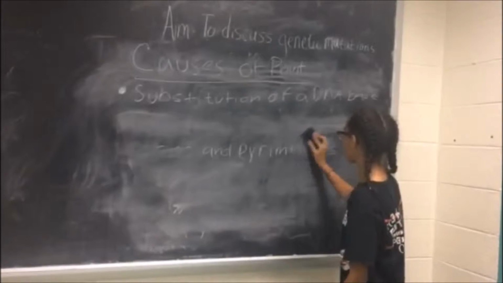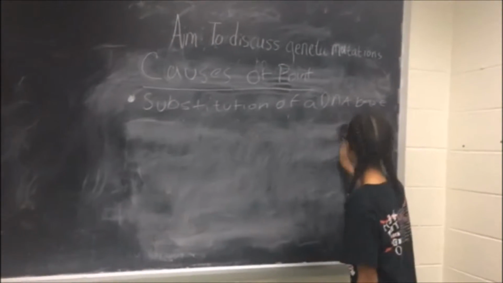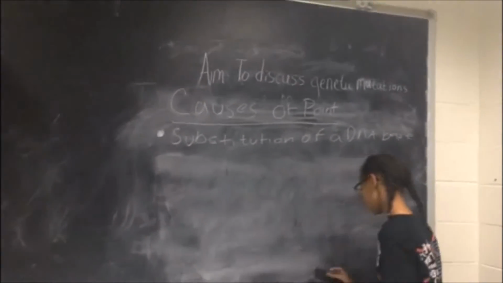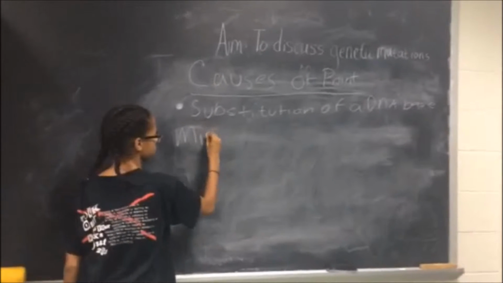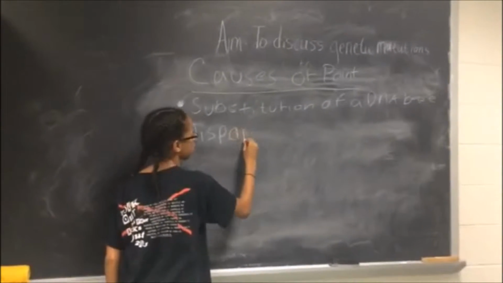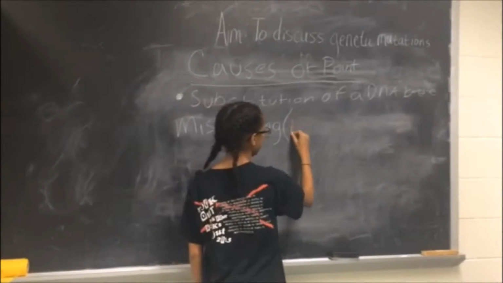All right, kids. Now that everyone got transversion, we can move on to the last cause of point mutation, which is mispairing, also known as mismatching.